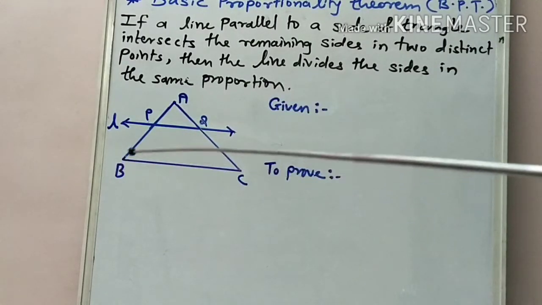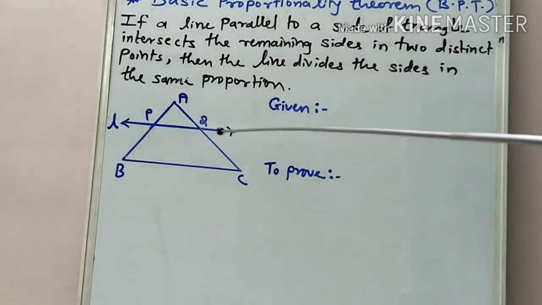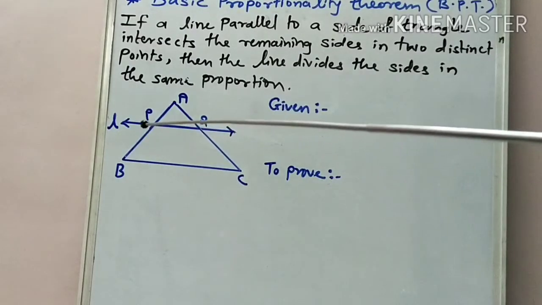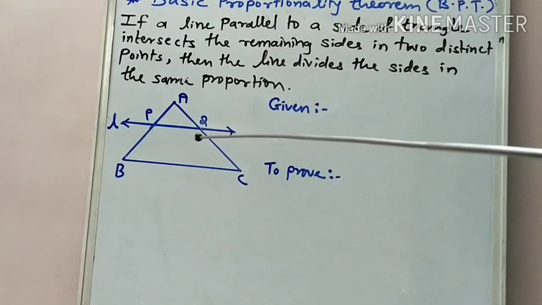What are the remaining sides? AB and AC. The line L intersects the remaining sides in two distinct points, at point P and at point Q. This is our given part.